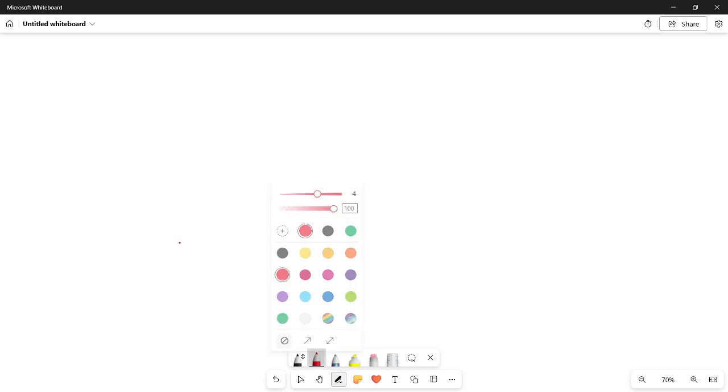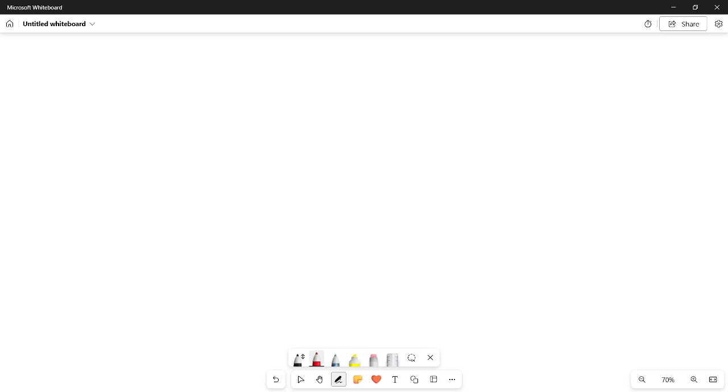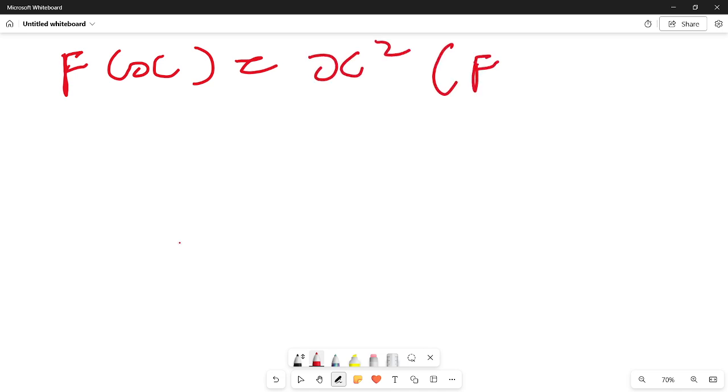All right, so welcome back. So let's do the activity. I hope you have your answers with you. From the activity, remember we are given f of x, which is equal to x squared. So this is our function.